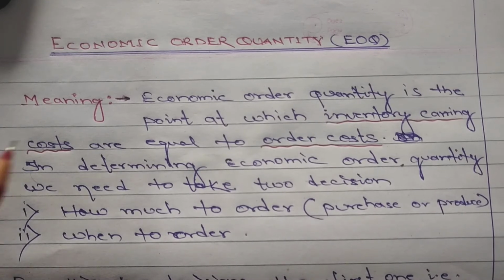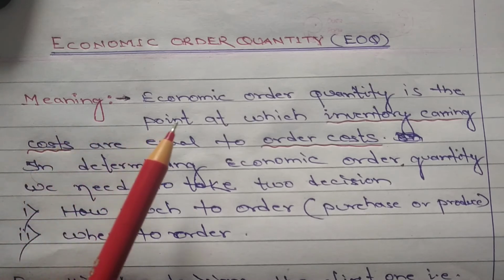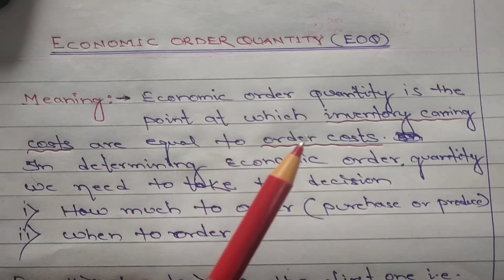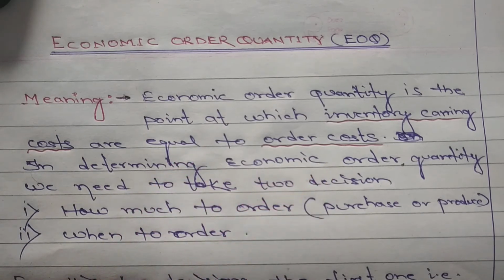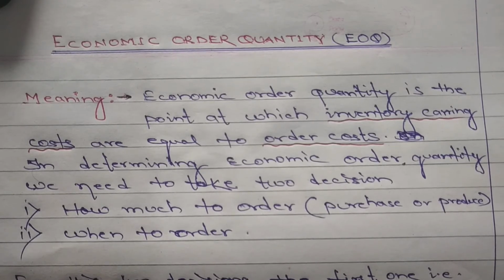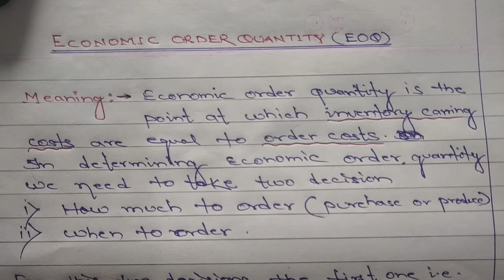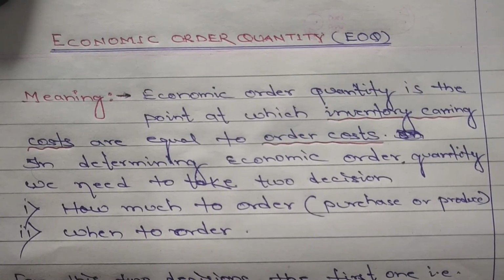So let us understand the meaning of EOQ. Just see here. Economic order quantity is the point at which inventory carrying cost is equal to order cost. So let us understand what inventory carrying cost and order cost are.